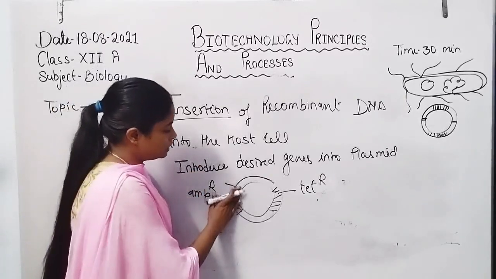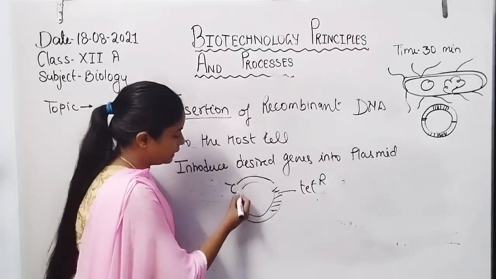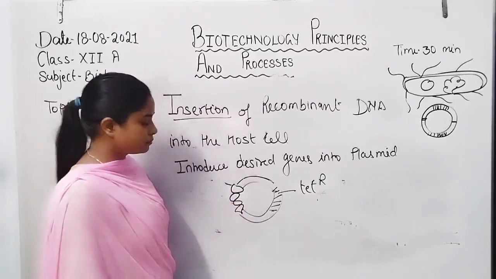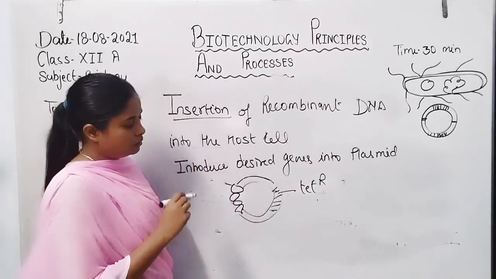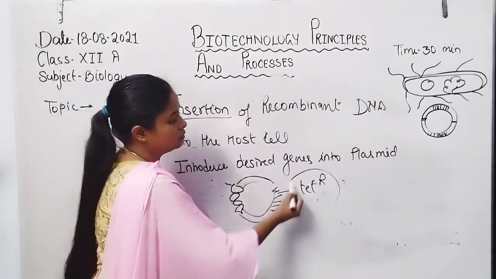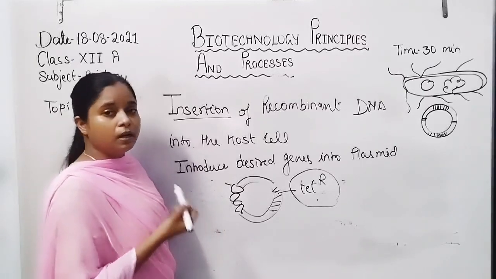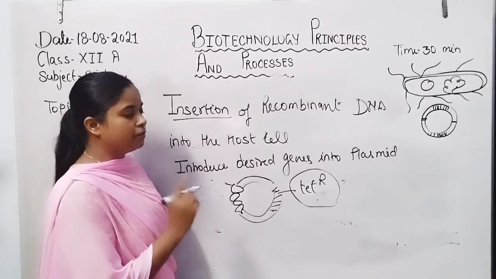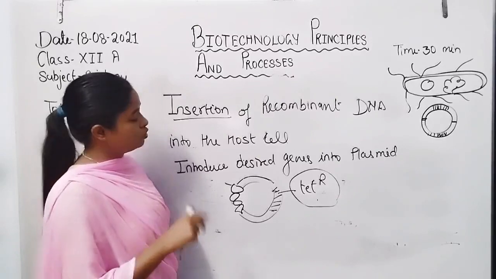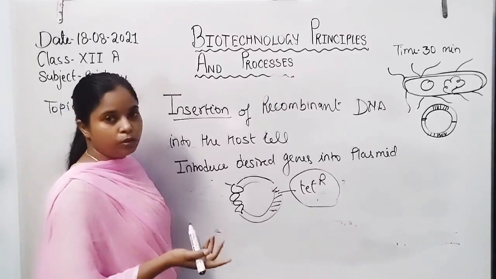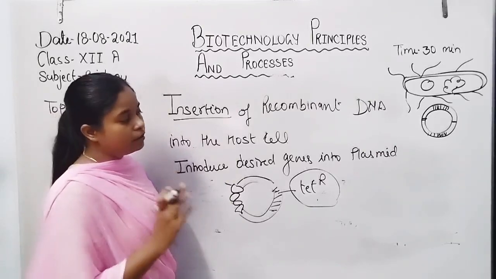Then at this place we add our desired gene. Now our desired gene gets added at this region. Because our plasmid has another tetracycline resistant gene, this bacteria can survive in the presence of tetracycline antibiotics. So that's why two restriction sites should be present on the plasmid, because one of the two helps in the differentiation between the transformant and non-transformant.